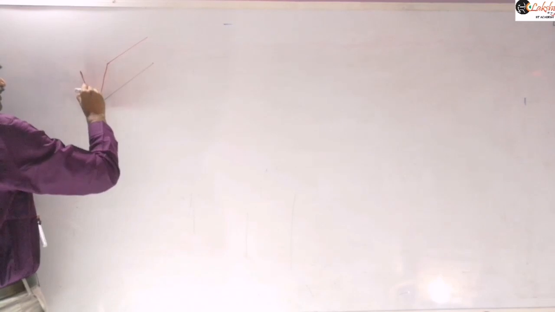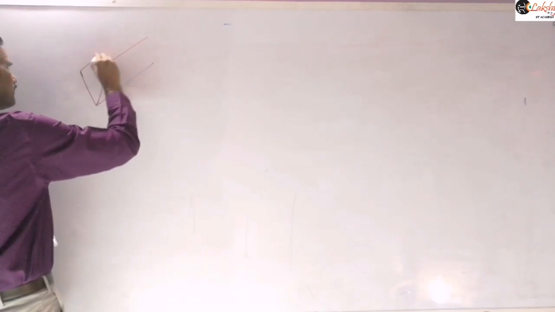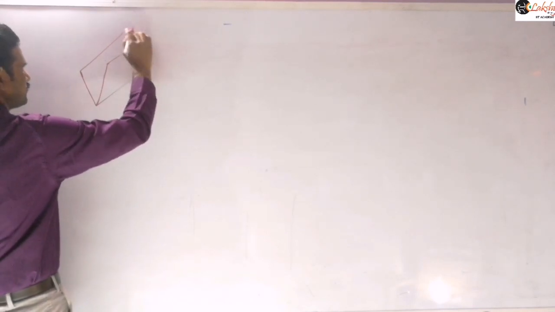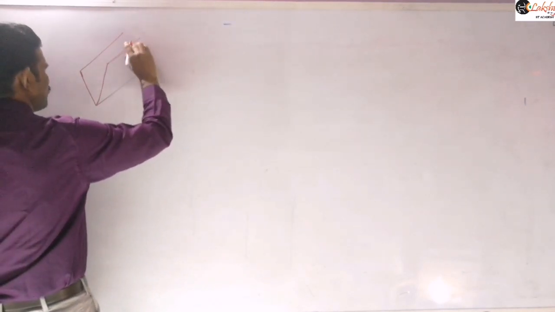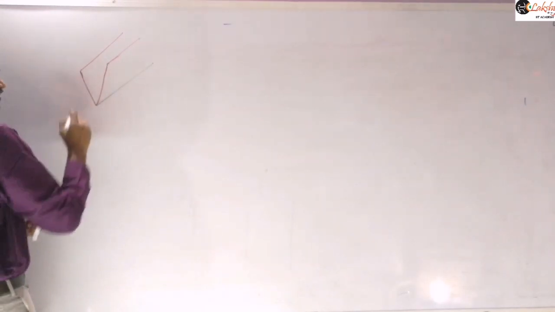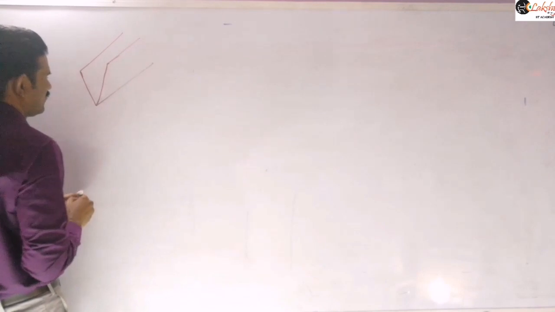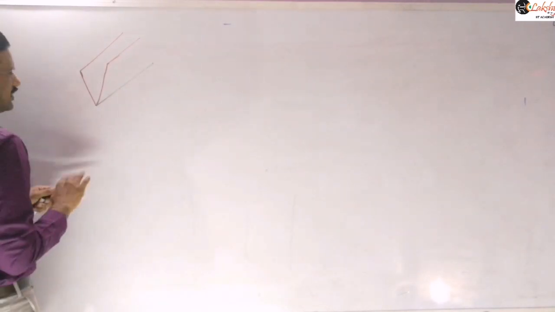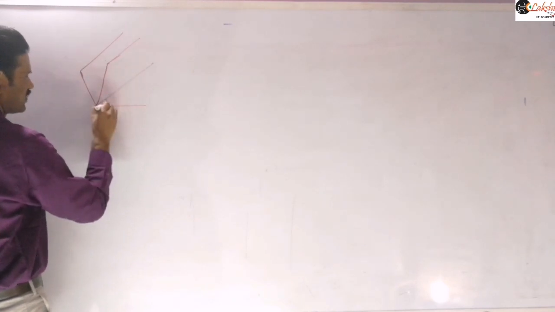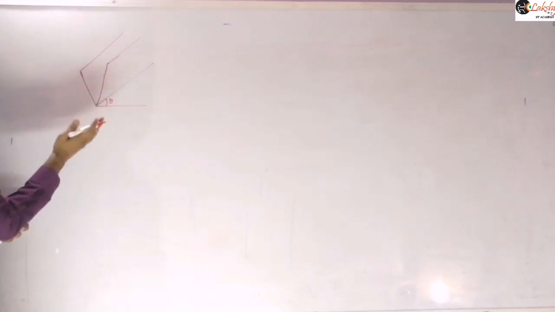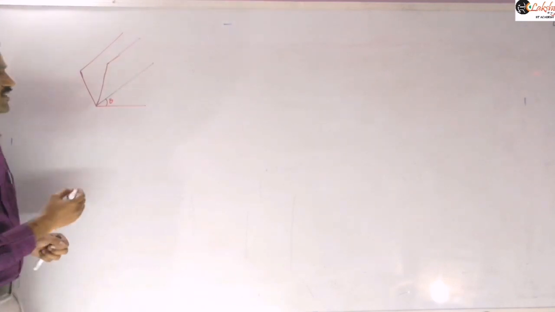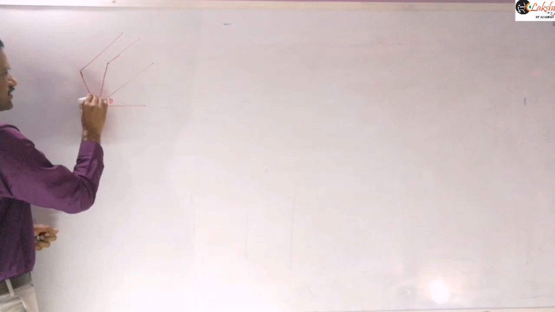Two planes are inclined at some angle, and this is making a certain angle. I am taking this angle as phi, or let us take this angle as theta. Sometimes they will give that angle as 90 degrees, or you may consider some angle here. Suppose I am taking this angle as some phi.